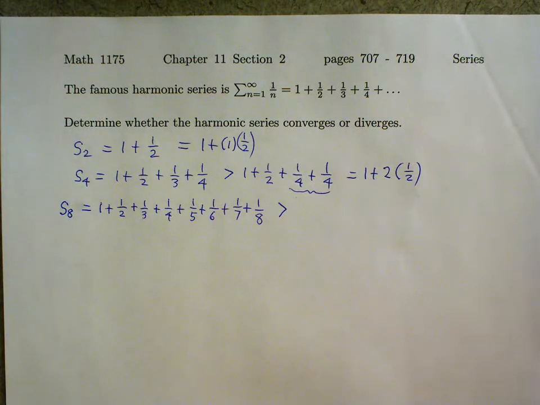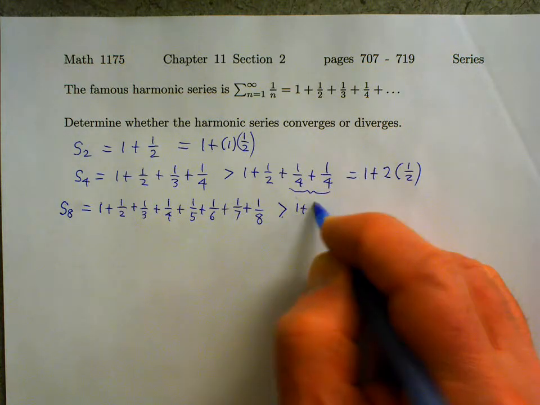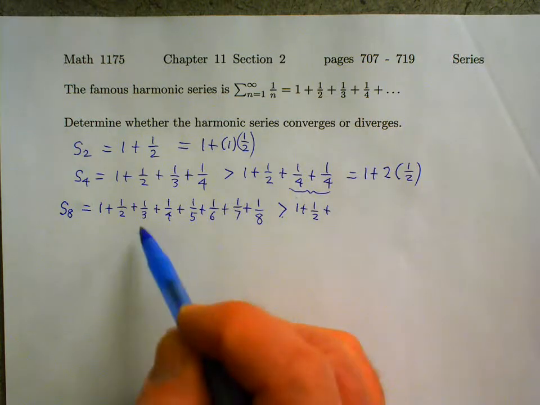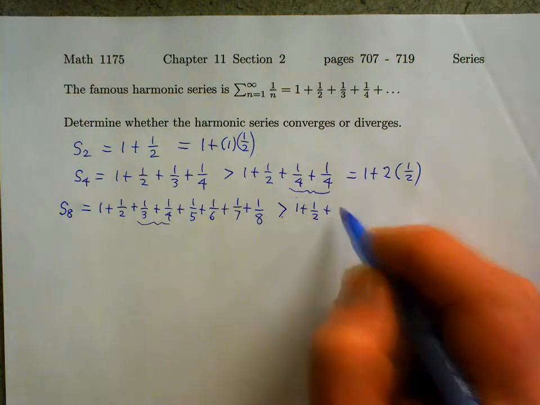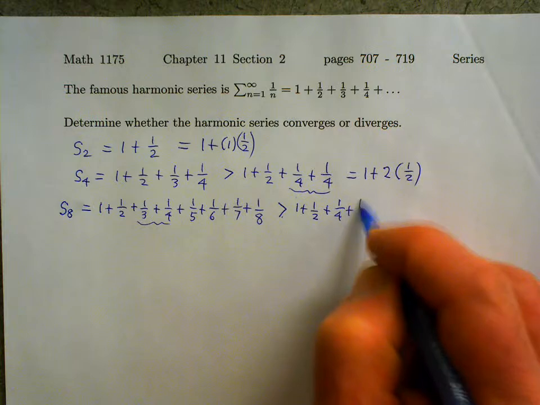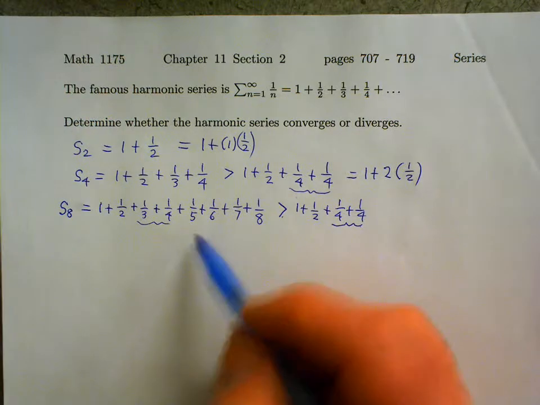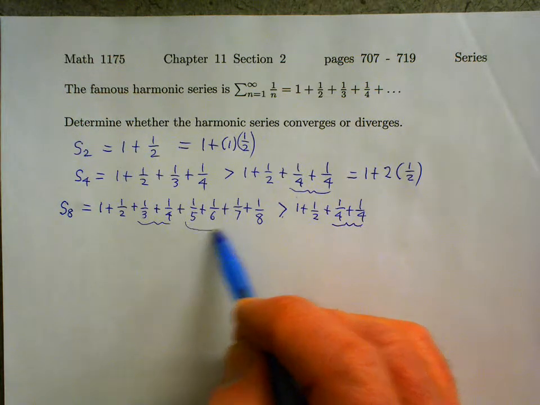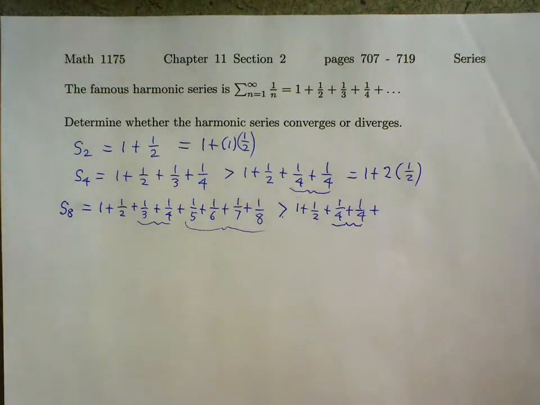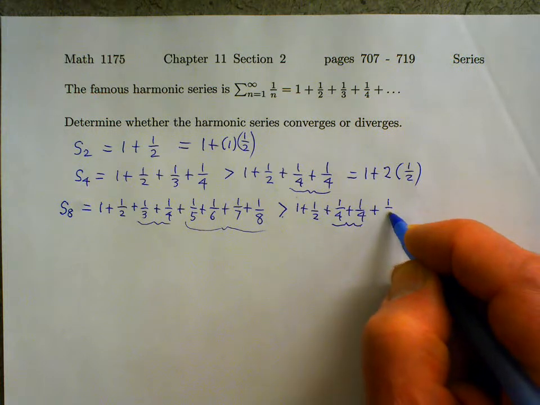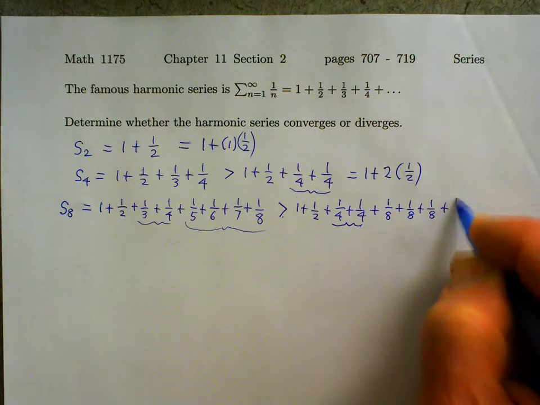So this time, okay, this is greater than 1 plus 1/2. And then I'm going to replace 1/3 plus 1/4 by what I did above, 1/4 plus 1/4, which adds up to 1/2. And then for the next four terms, instead of 1/5 plus 1/6 plus 1/7 plus 1/8, I'm going to replace those with 1/8 plus 1/8 plus 1/8 plus 1/8.